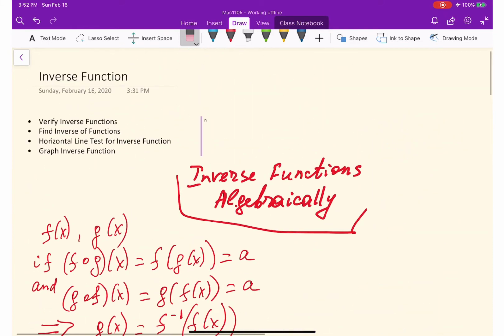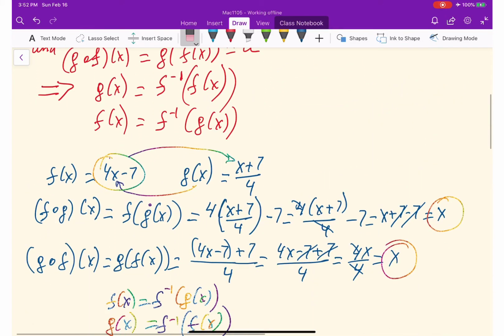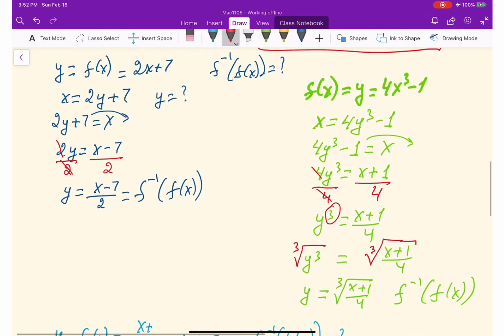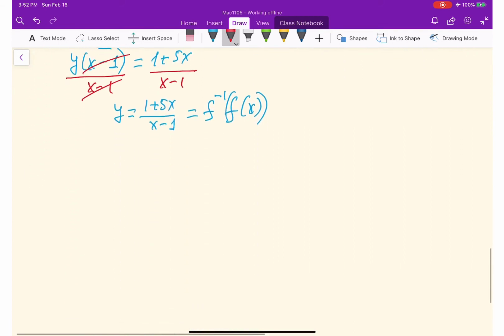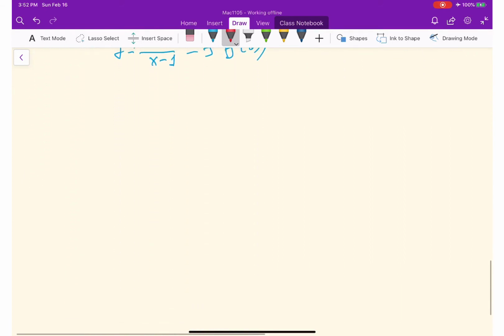We did that. Right? If for both functions we take the composite and we get the same result, then these two functions are inverse.